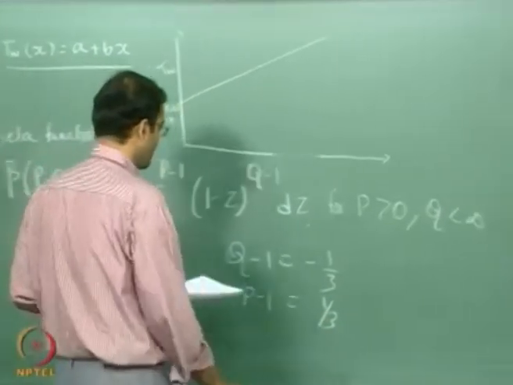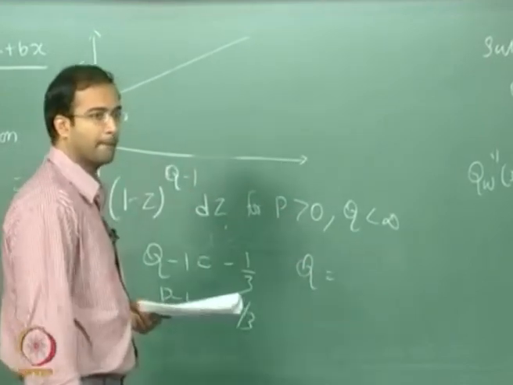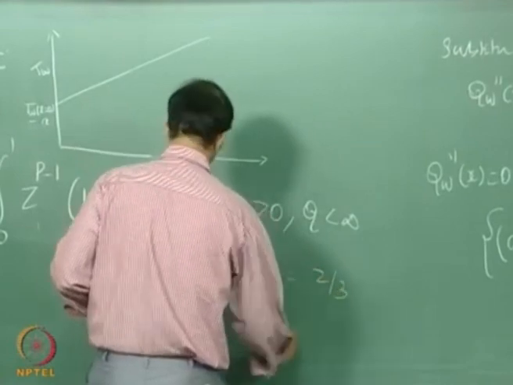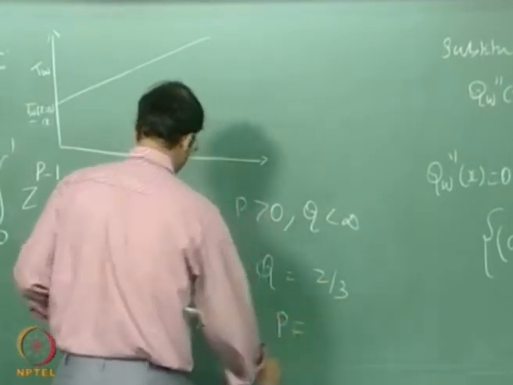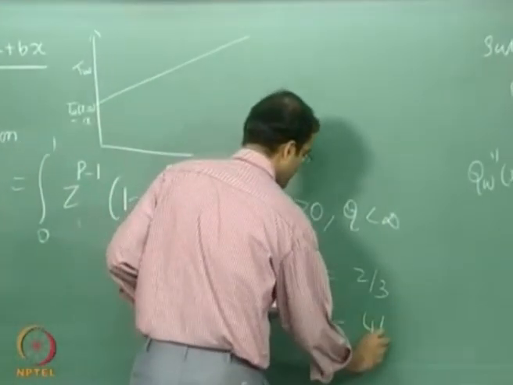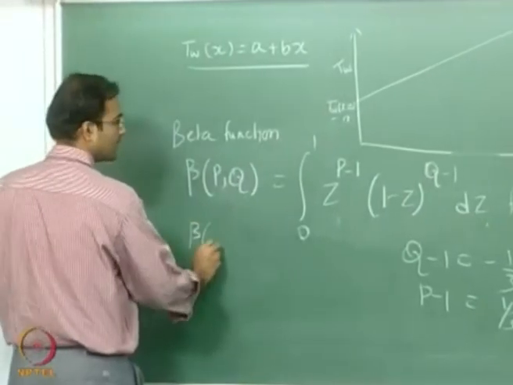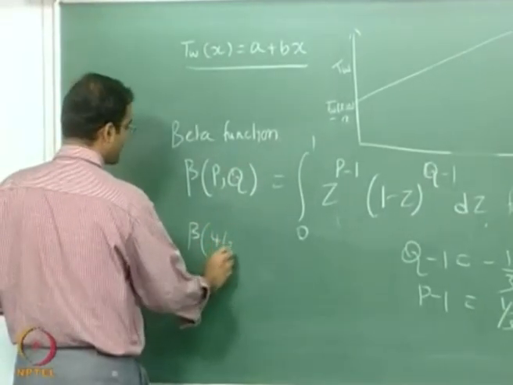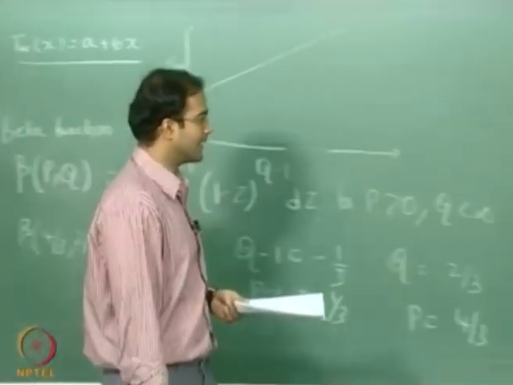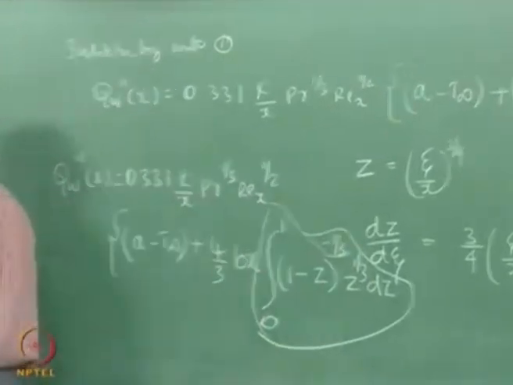Therefore q is equal to 1 minus 1 by 3, that is 2 by 3, and p equal to 1 plus 1 by 3, that is 4 by 3. So p and q are 4 by 3 comma 2 by 3. Therefore this entire term can be written in terms of the beta function.